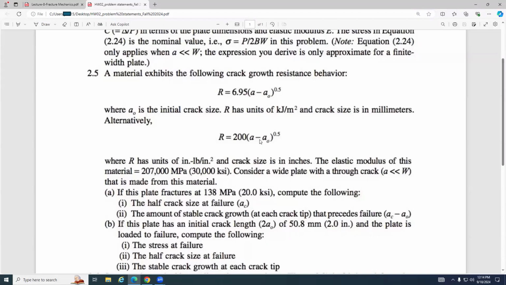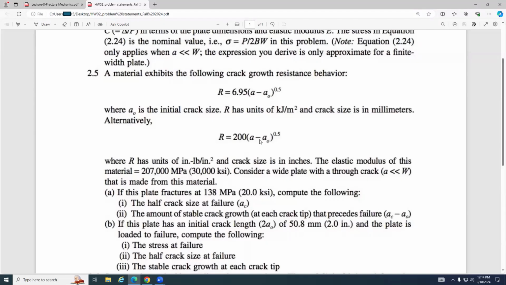Young's modulus, this E, equals R. For R, I use 6.95 times (A minus A naught) to the power 0.5. Keep in mind, here is the A_C critical.